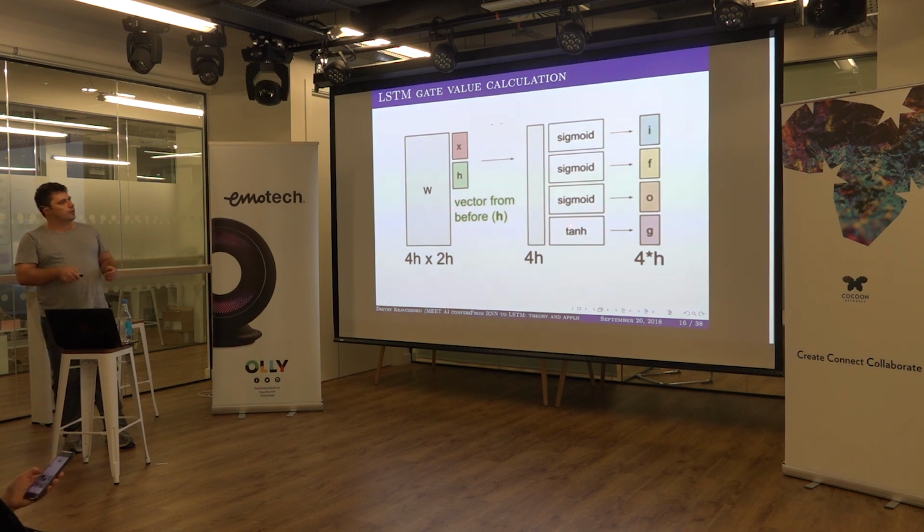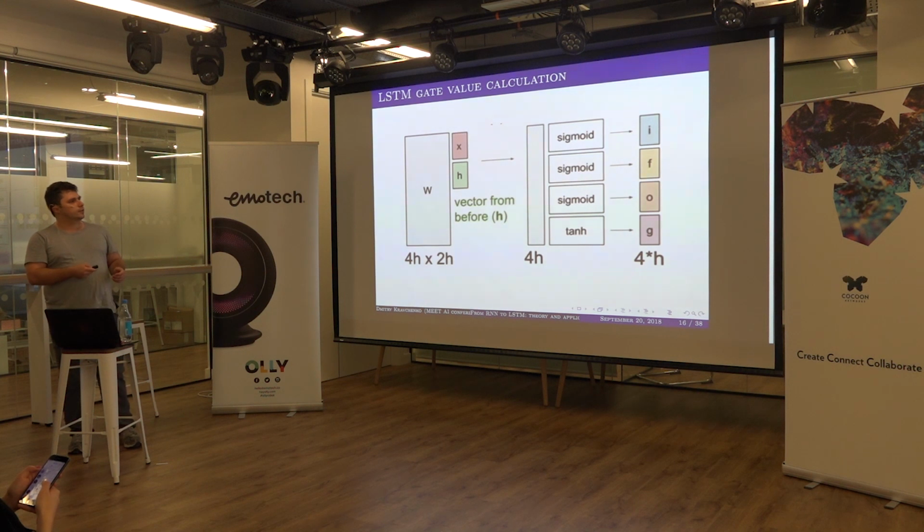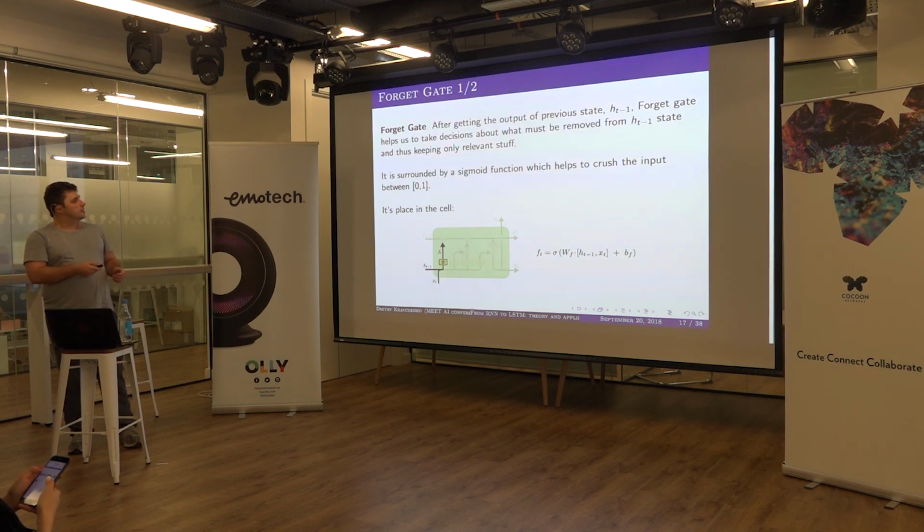Then we apply the activation to each part of it, like this part is passed through a hyperbolic tangent, and we receive the G gate. And this part is passed through a sigmoid, and we receive the output gate. And after getting the output from the previous state, the forget gate helps to take decisions on what has to be removed from the previous hidden state. And it is surrounded by this sigmoid function.